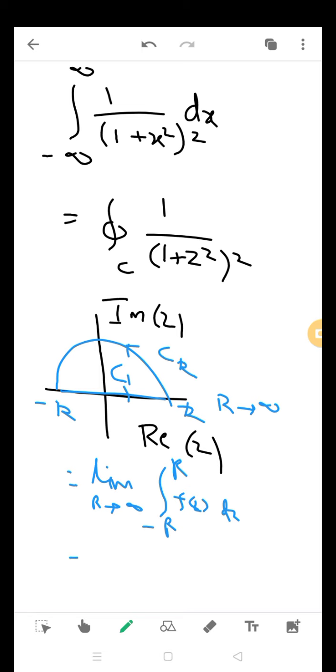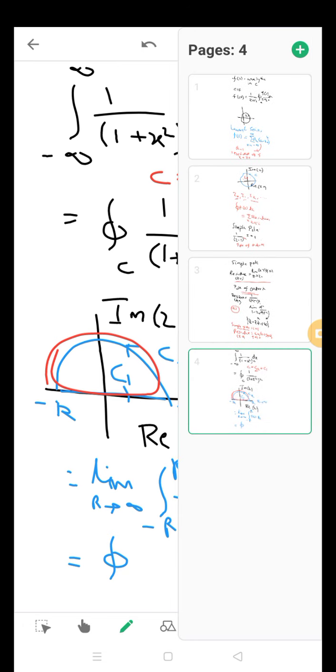The contour C is in fact equal to CR plus C1. But since C1 is along the axis, we only consider CR, that means only this semicircle. So the normal integral is getting transformed into an integral in the complex plane, and we can easily focus on this.